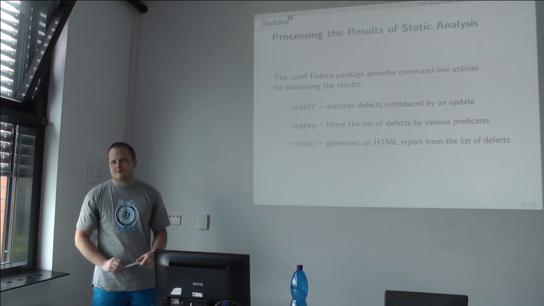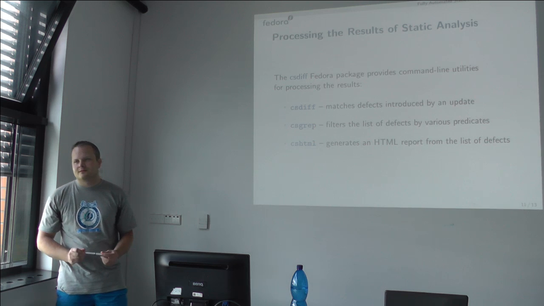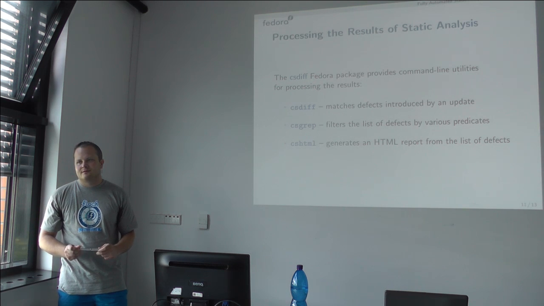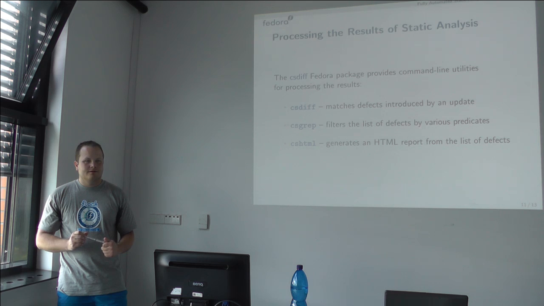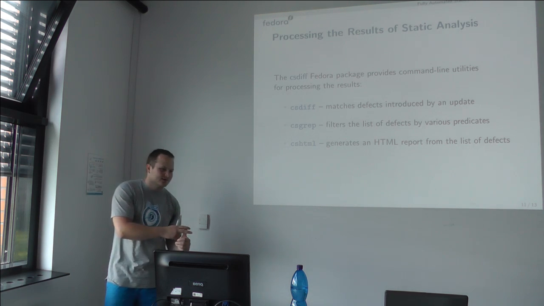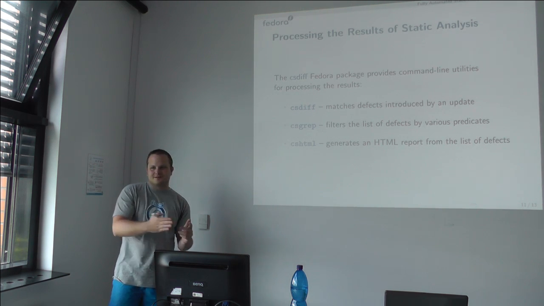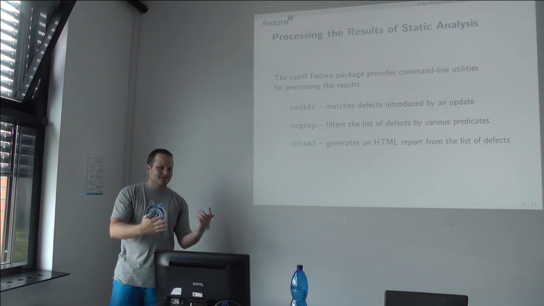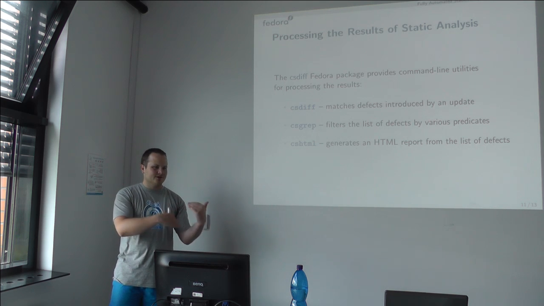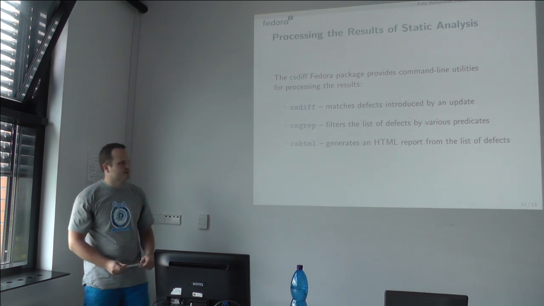The benefit of CSDiff is that you can see not only newly introduced warnings, but also the fixed warnings, so you can compare them. Yes, and if something appears in both fixed and newly introduced, it's a candidate for a mismatched defect by this utility.